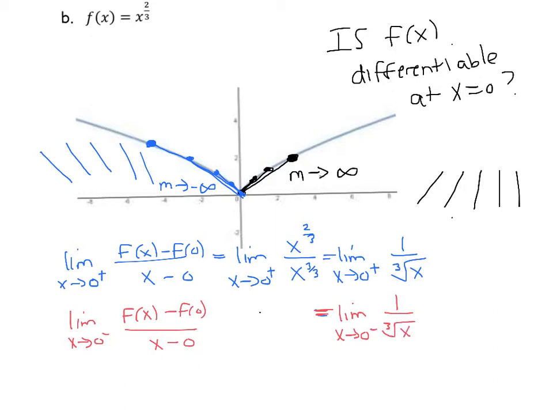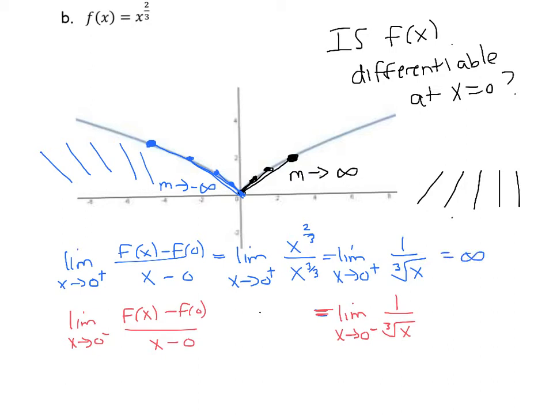So how would we analyze these? Well, for the top one, we'd have to plug in numbers really close to 0 on the positive side. So if you imagine taking the cube root of really tiny positive numbers, you're going to get really tiny numbers. But then those are in the denominator, and 1 divided by a really tiny number is just infinity.